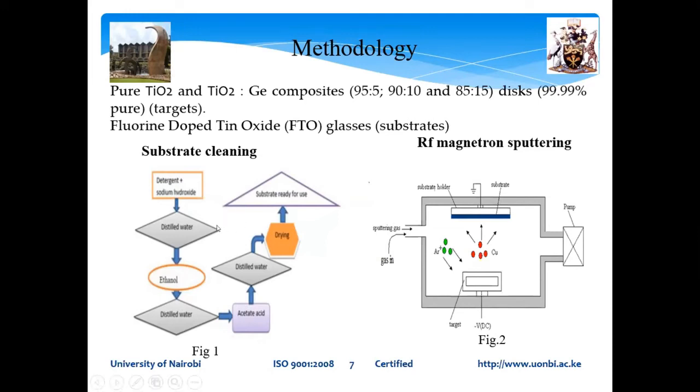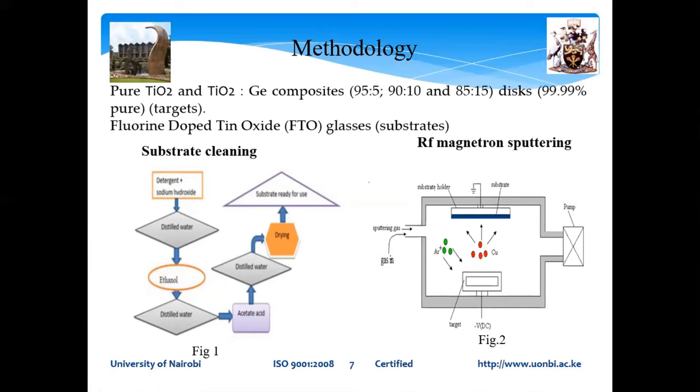Before deposition, we cleaned our substrate using the standard cleaning procedure as shown in this figure 1. And then radio frequency magnetron sputtering was our deposition technique. We deposited the films for 1.5 hours under an optimum power of 220 watts and argon flow of 35 SCCM.